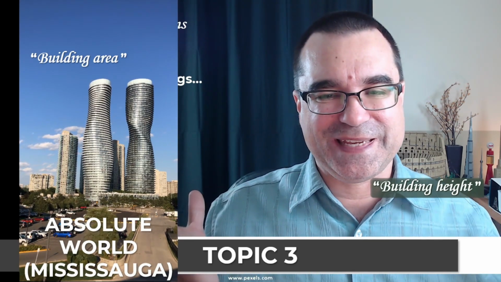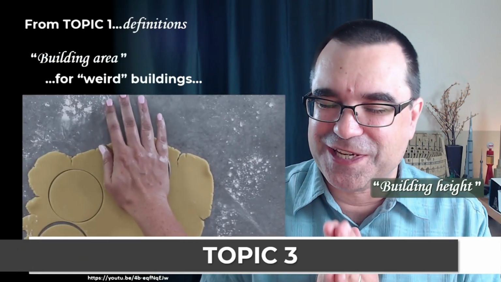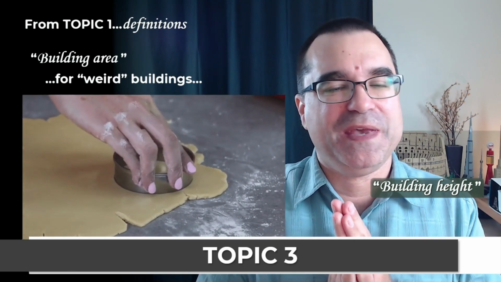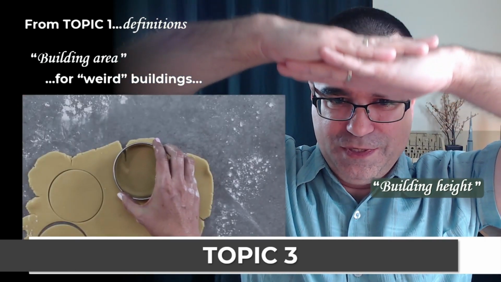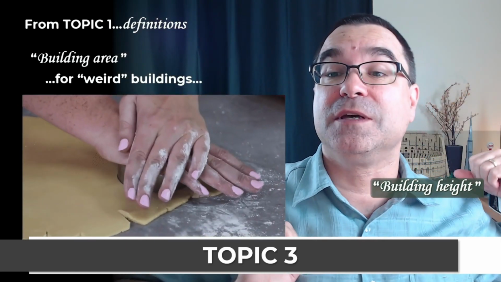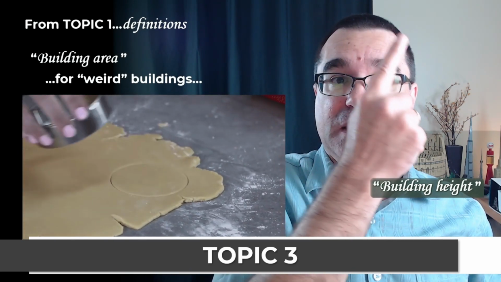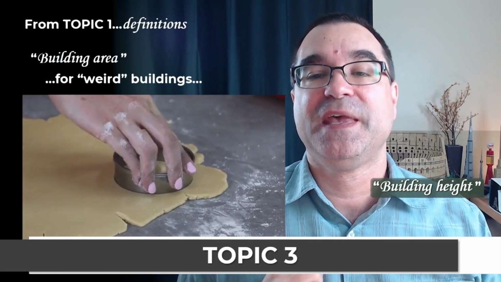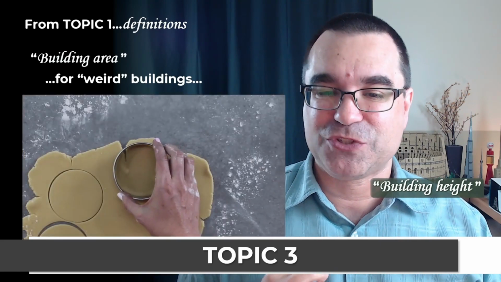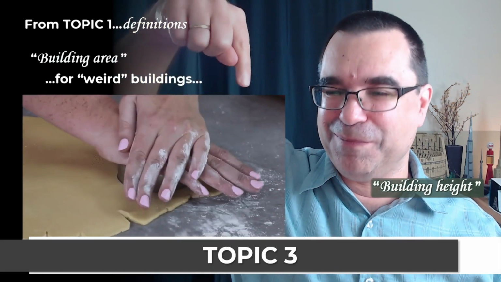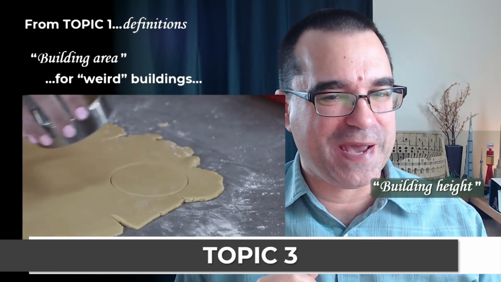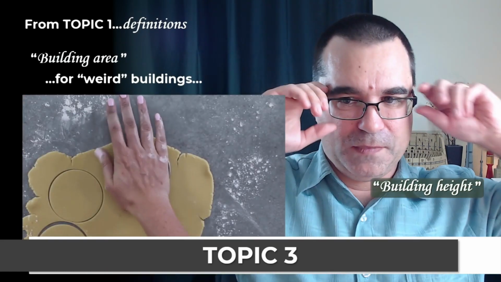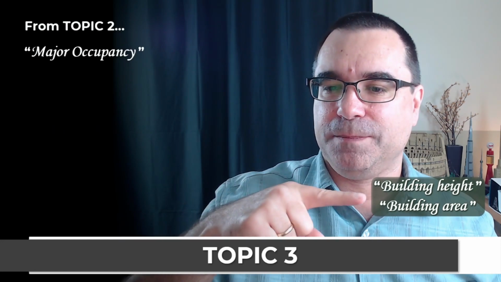Well, what you do in that case is you use the cookie cutter approach, literally. You pretend that you press the building all the way down into the ground, and the largest area that's pressed into the ground is the building's area. So this is what you would use for weird buildings that are shaped in a funny manner. All right, so that's the second ingredient, building area.